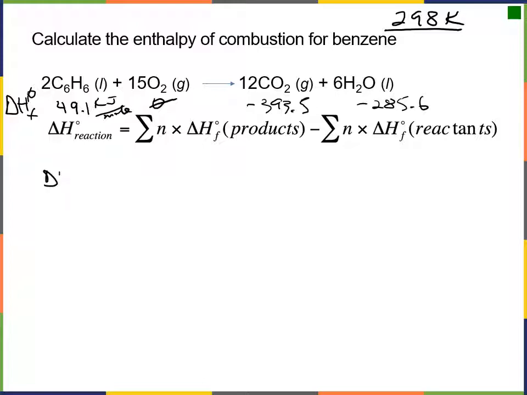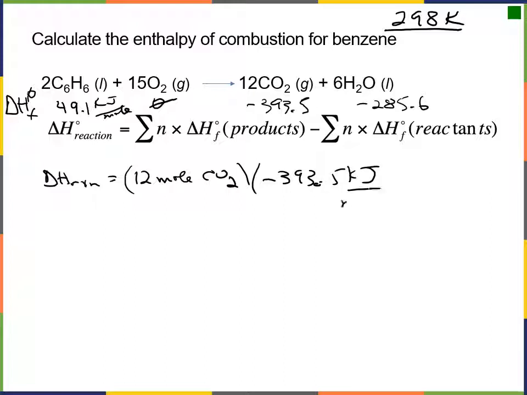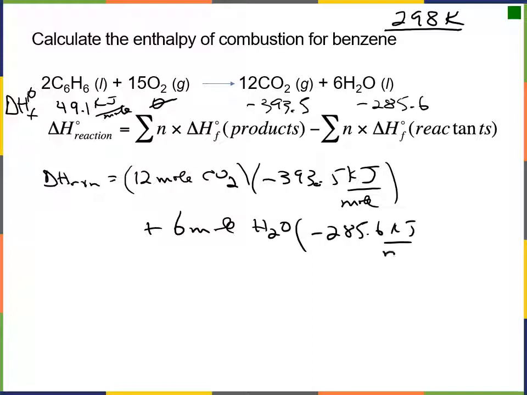So the delta H for this reaction is going to be the sum of the number of moles. We're going to start out with carbon dioxide, and we're going to have 12 moles of CO2 multiplied by its enthalpy, minus 393.5 kilojoules per mole, plus 6 moles water multiplied by its enthalpy, minus 285.6 kilojoules per mole.